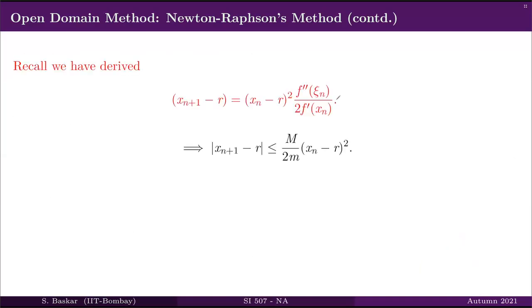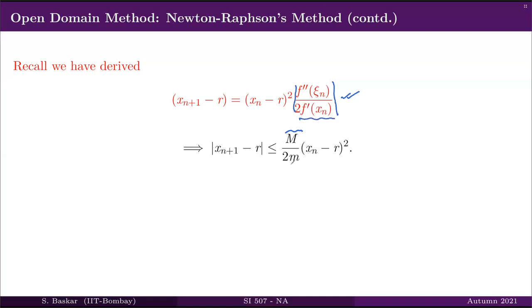Recall that as the first step, we have proved this expression. Take modulus on both sides. You can see that mod x_{n+1} minus r is less than or equal to (x_n minus r) the whole square into modulus of this. And if you remember, we have taken capital M to be the maximum of f'' in the interval. Therefore, we are replacing f'' by the maximum, and we have taken small m to be the minimum of f' in our delta neighborhood.